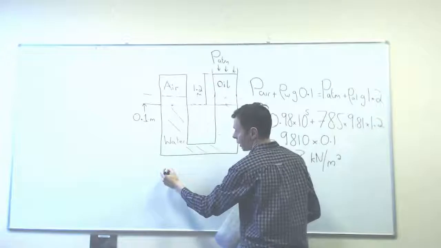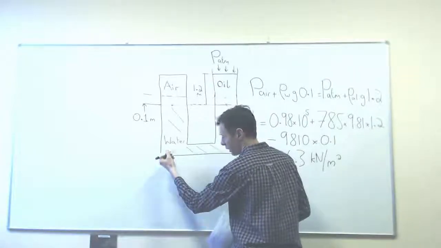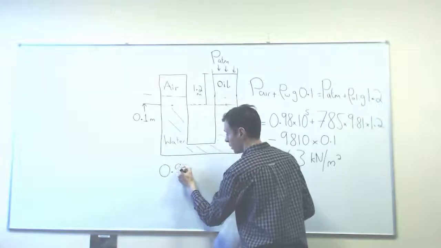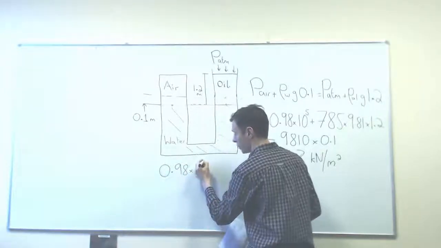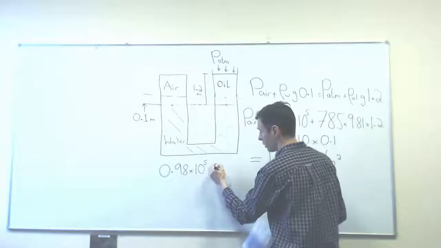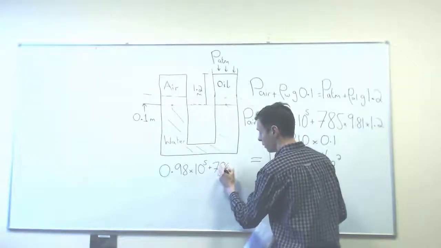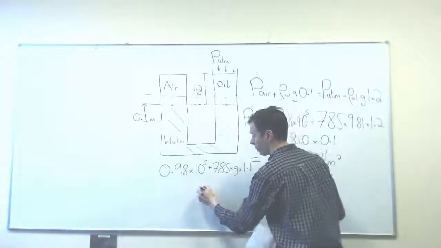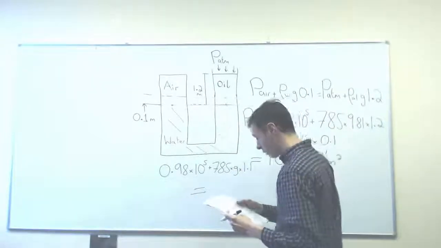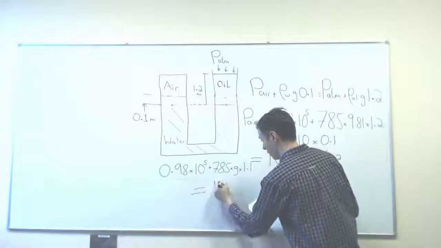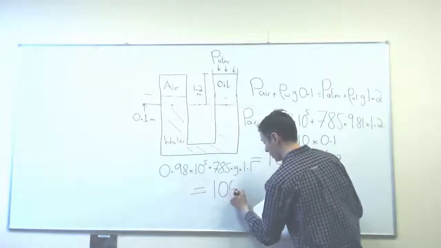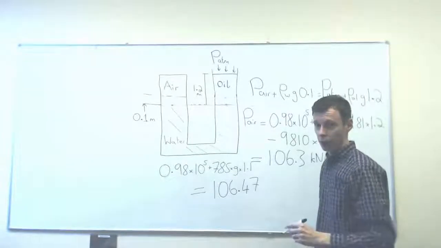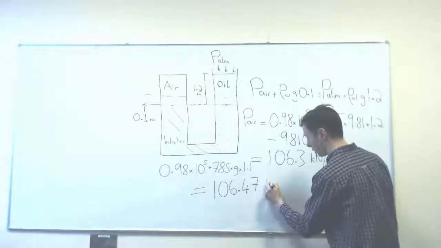So here, you would say that pressure is equal to the atmospheric pressure, 0.98 times 10 to the 5 plus 785 times G times 1.1. Okay, and that gives us a very close answer, 106.47 kilonewtons per metre squared.